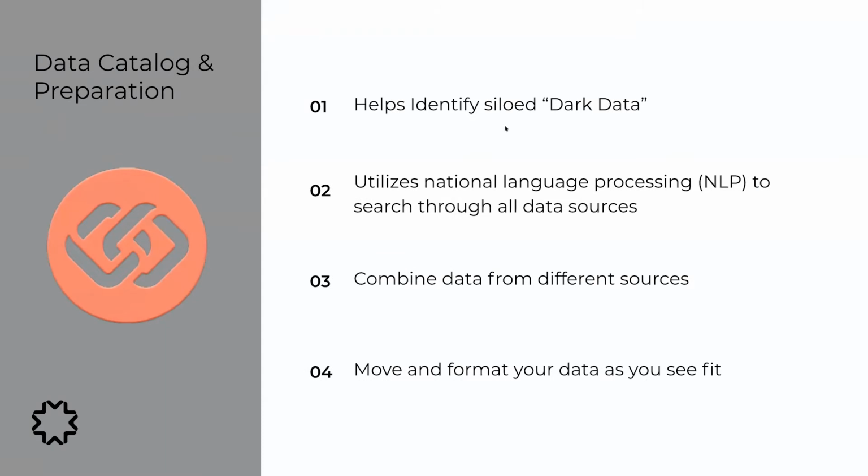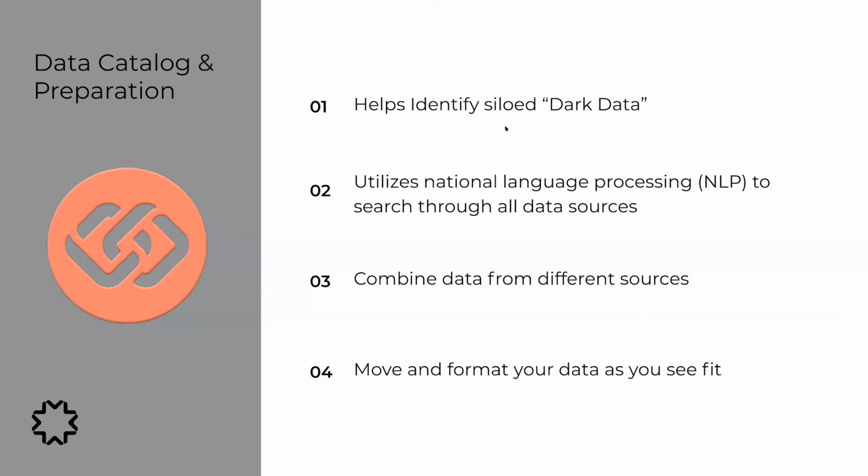So, introduction to DCP. DCP is what Boomi refers to as their data catalog and prep tool. This tool is mostly used to help you identify any siloed or dark data that could be at your organization. The idea is that you can hook up pretty much any kind of database source or a lot of different kinds of file systems such as S3, and they give you a natural language processing capability in their search so that you can go through all these data sources and find different content that you might not have been previously aware of at your organization.